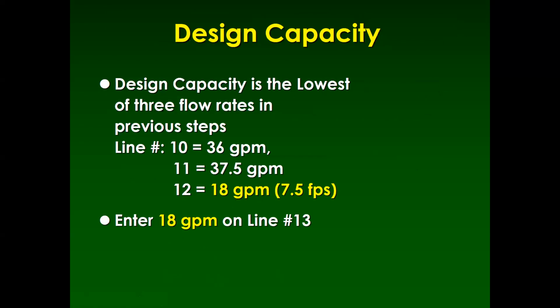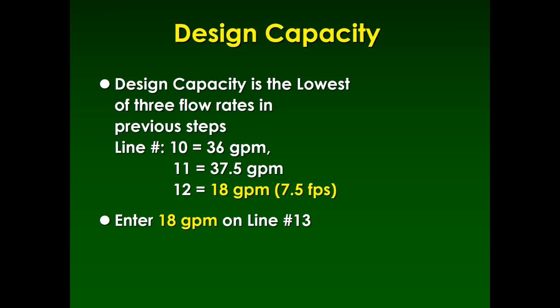So our design capacity is our lowest GPM of the 3 flows, which includes lines 10 through 12. Our lowest flow through all 3 of those is number 12. That's what we're basing all of this information on, because that's as much flow as we could possibly have through our entire system, because of that limiting factor of our service line.